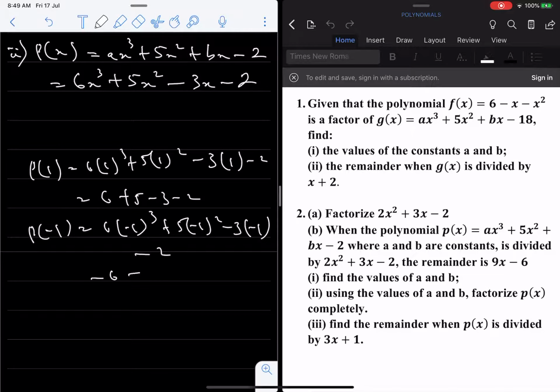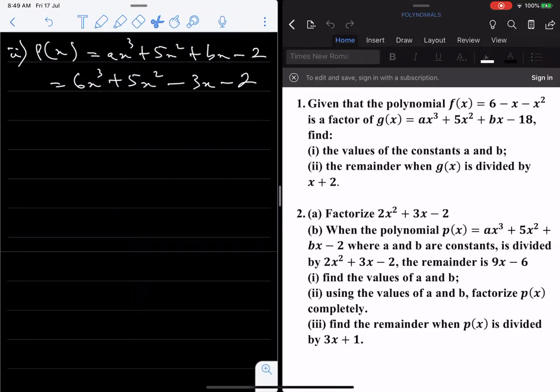That's minus 6 plus 5 plus 3 minus 2. Minus 6 plus 5 is minus 1, plus 3 is 2, 2 minus 2 is 0. Beautiful. That means if P of minus 1 is 0, then x plus 1 is a factor of P of x.